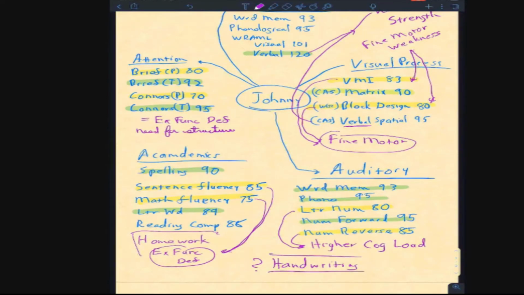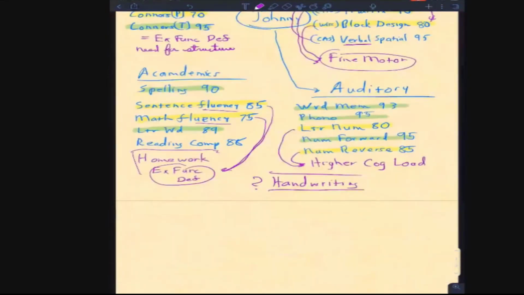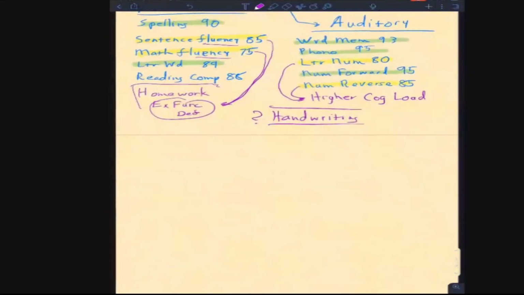I guarantee you what we're going to see in his handwriting are some lack of automaticity because of these low fluency scores. So what do I mean by automaticity? We're probably going to see handwriting that's missing capital letters at the start of the sentence, probably missing end of the sentence punctuation, spelled something like that.